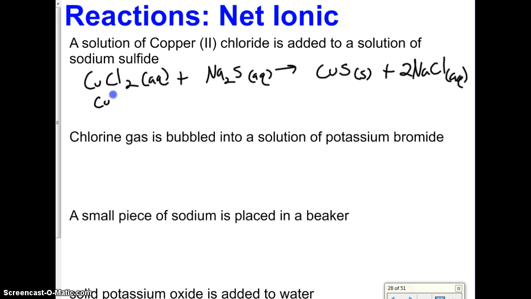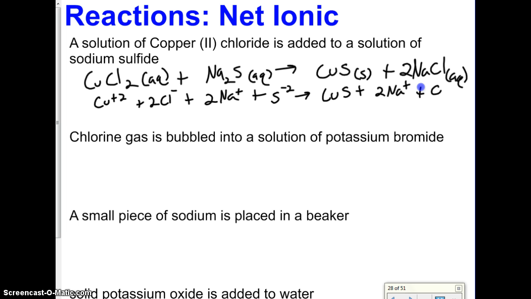So we have copper ions plus 2 chlorine ions plus 2 sodiums. Again, notice I'm bringing the 2 up front. I'm not leaving it back there. Plus 1 sulfide ion. That's going to break down into copper sulfide, which stays together, plus 2 sodium ions, plus 2, sorry, I forgot the 2, chlorine ions.